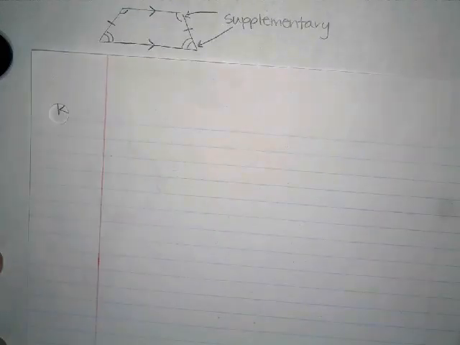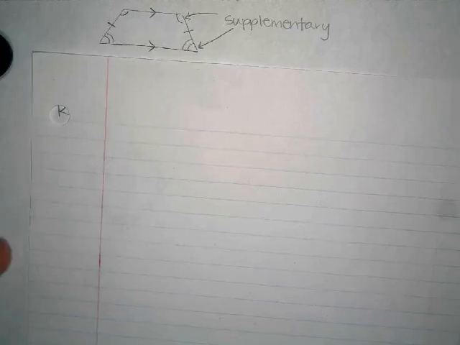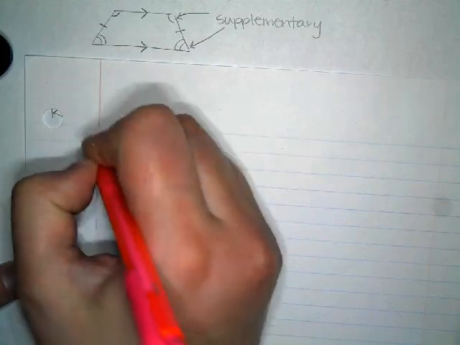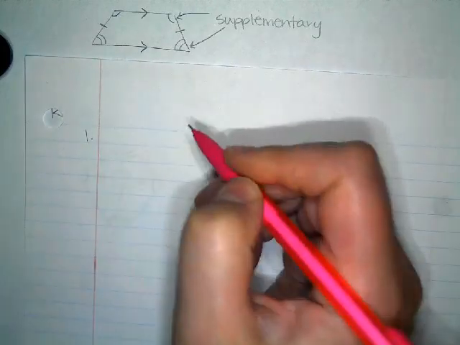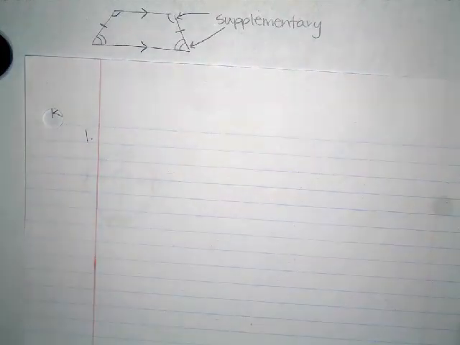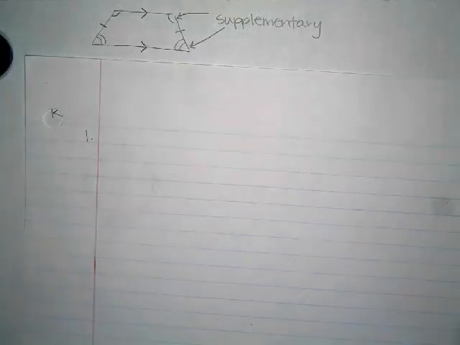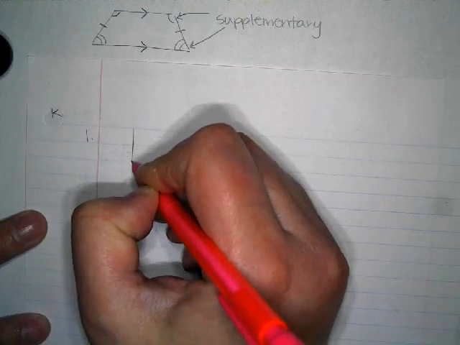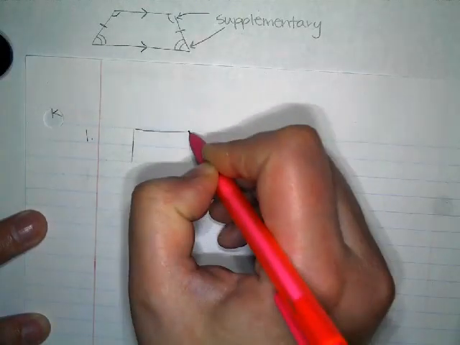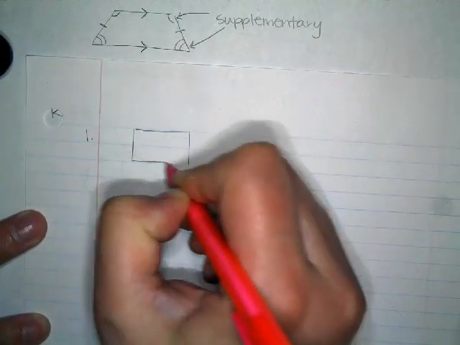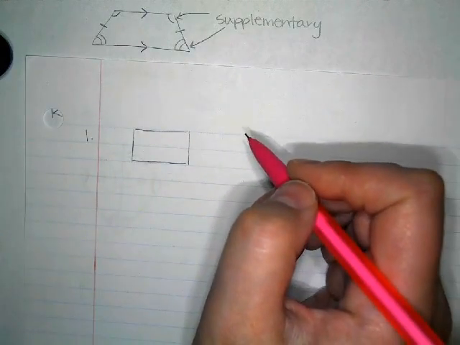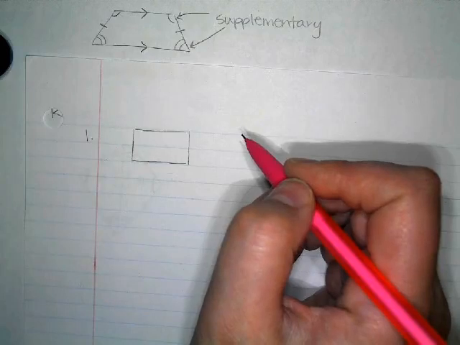Doesn't matter where you start. Technically, you don't even have to go clockwise. You could go counterclockwise. All that matters is that you go in a circle. As long as you don't go left to right, you're good.